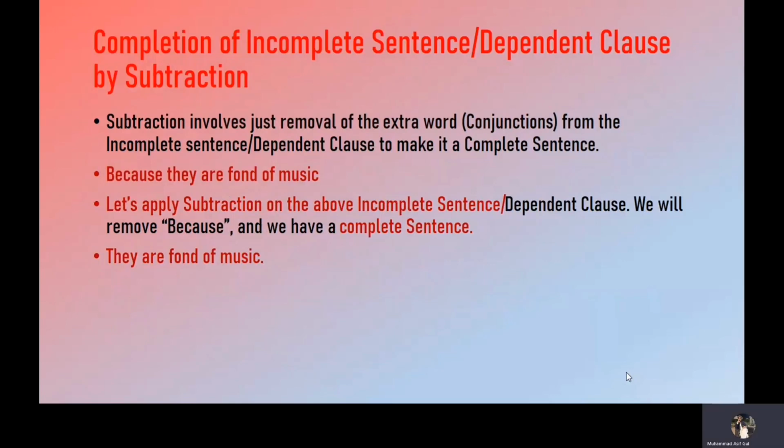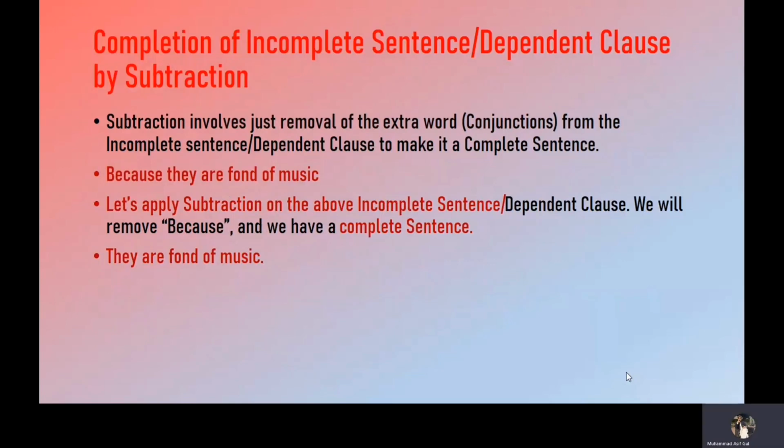So this is another way by which we can convert a dependent clause into an independent clause, right? We have removed because, and now the sentence is: they are fond of music. It conveys complete sense, and it is a complete sentence.